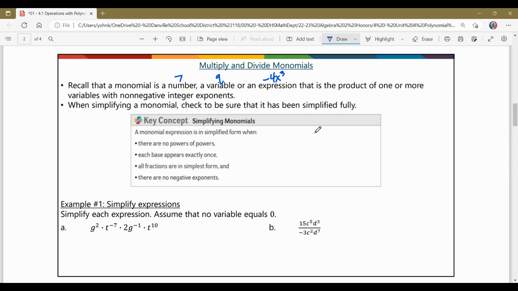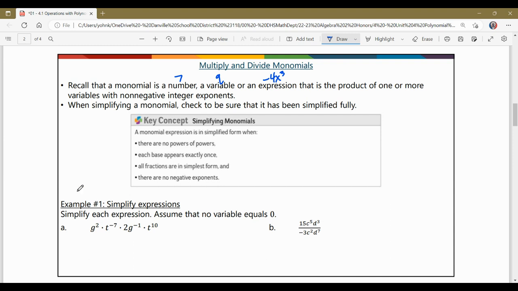When simplifying a monomial, we have to check to see if 4 conditions have been met. Make sure that there are no powers of powers. Make sure that each base appears exactly once. All fractions must be in simplest form, and there are no negative exponents.